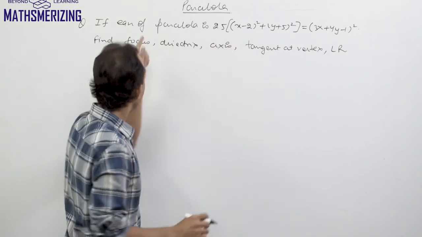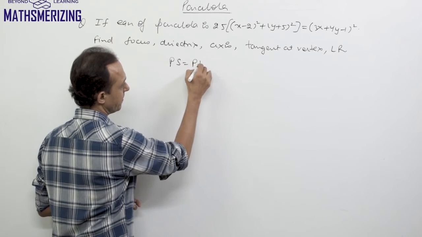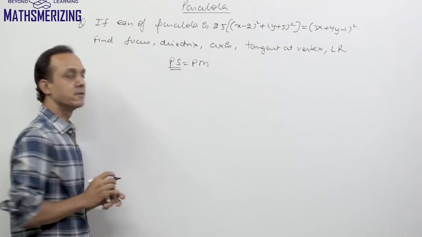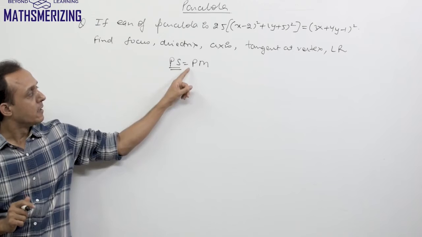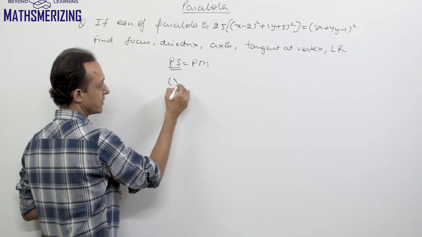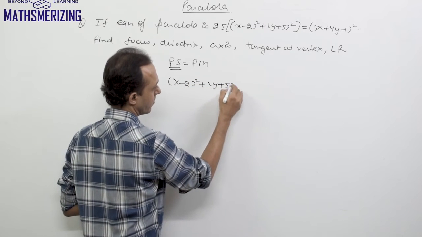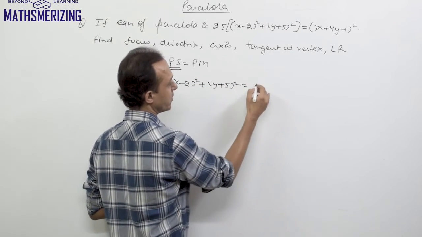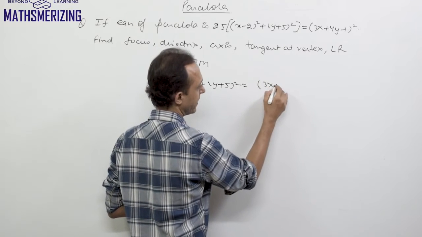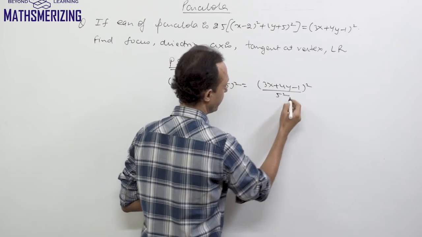Now we know that any general equation of a parabola can be expressed as PS equals PM, where PS is the distance from the focus and PM is the distance from the directrix. So I can write this equation as (x minus 2) whole square plus (y plus 5) whole square equals (3x plus 4y minus 1) whole square upon 5 square.